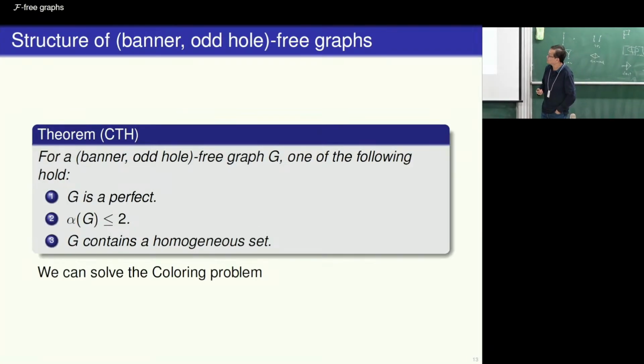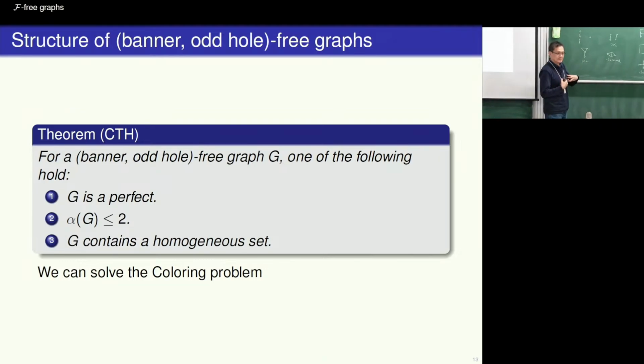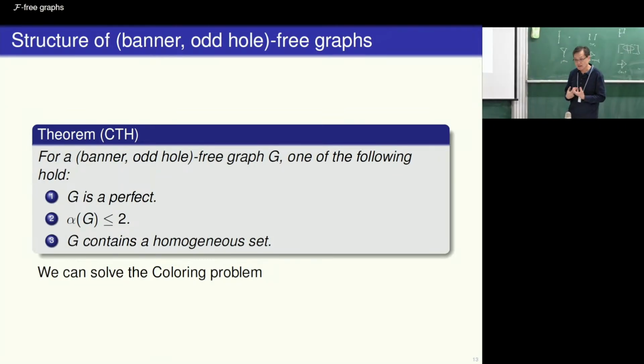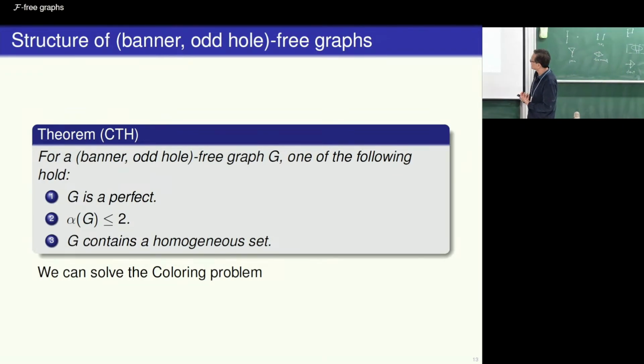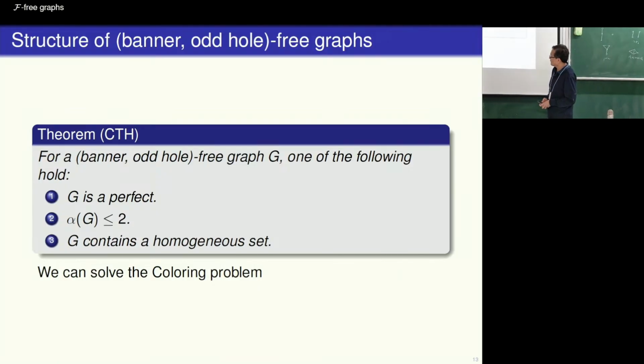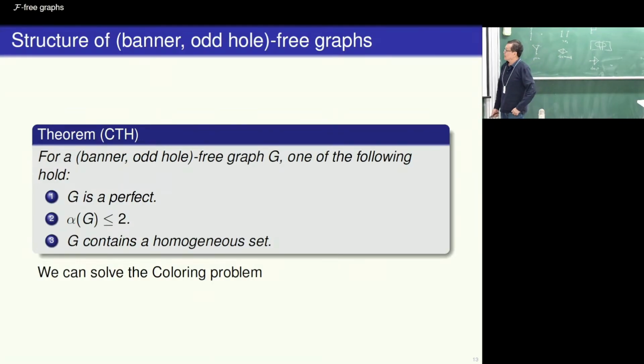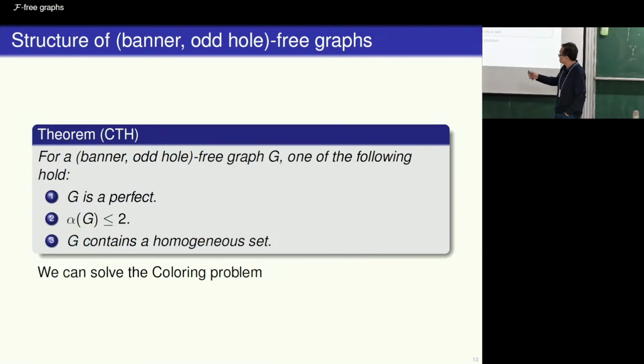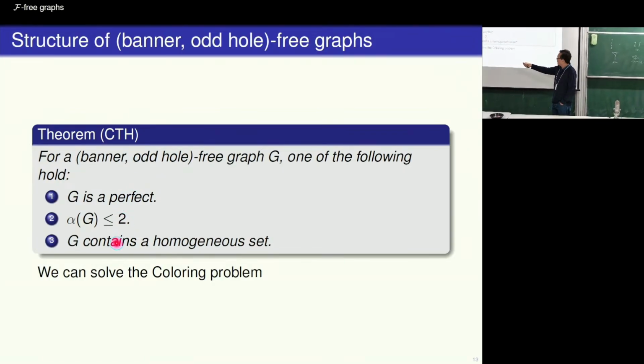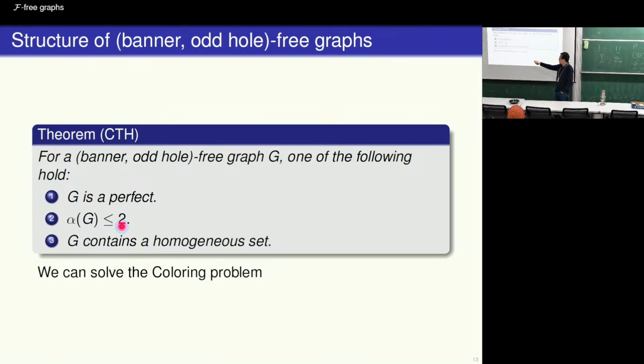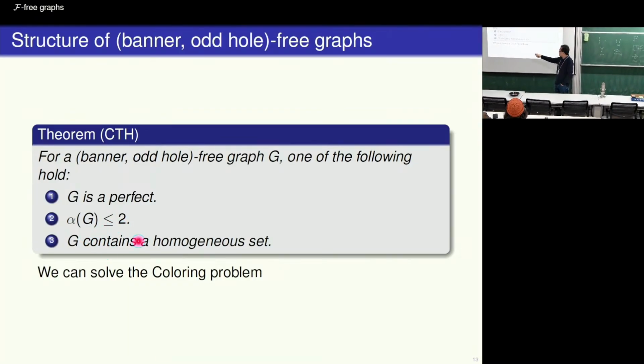And we see something like that. Let me show you the structure of the graph and the way people prove it. So let's say I want to prove that a graph without banner and odd hole is 2-divisible. So a banner is this graph, right? Then we can prove that in this case either the graph is perfect, or the stability number is at most 2, or it contains a homogeneous set.